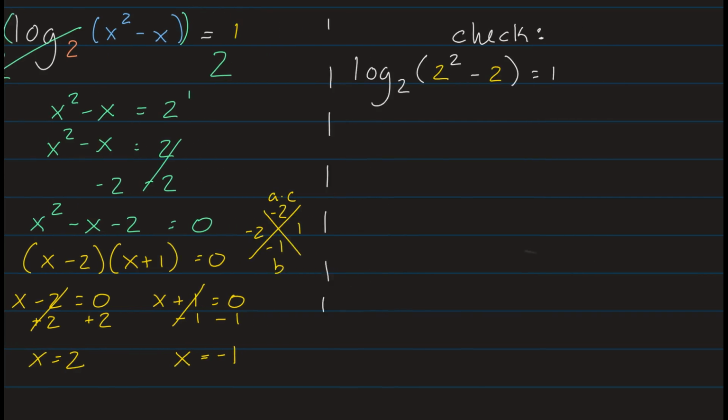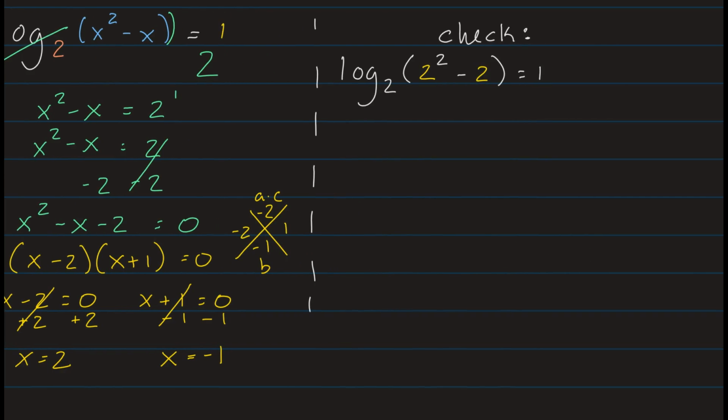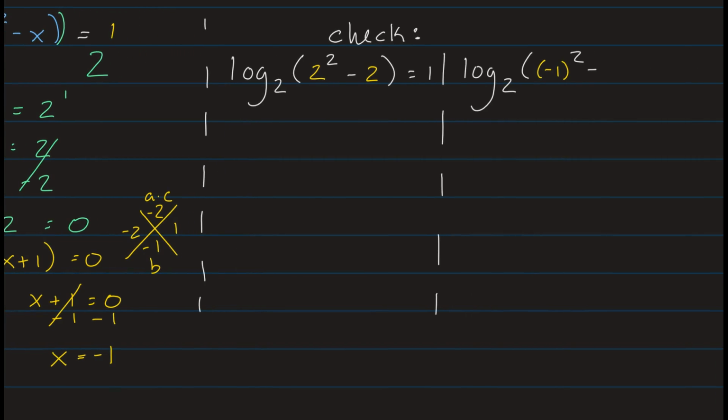That's the first solution I must check. The second solution, log base 2 of -1 squared minus -1 equals 1. So I need to check both of these.